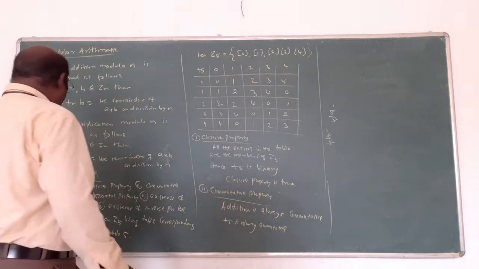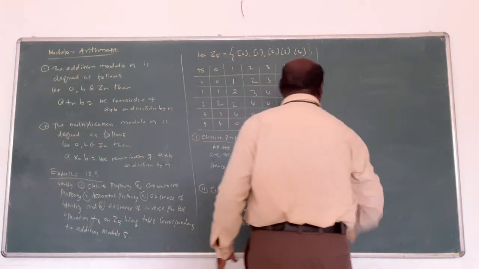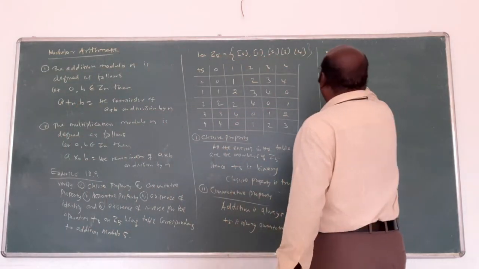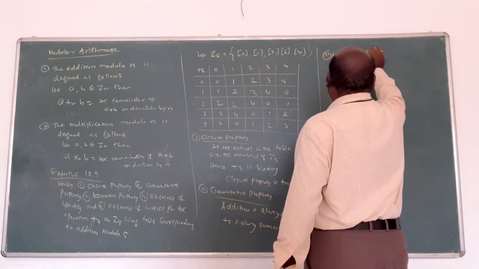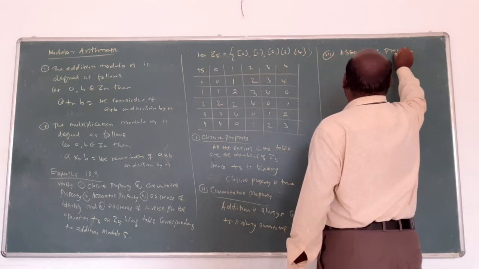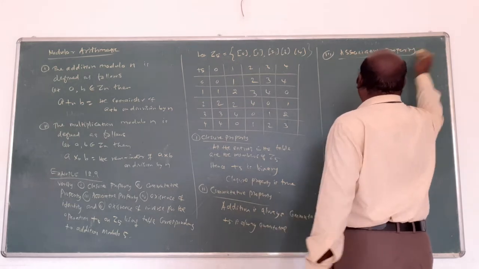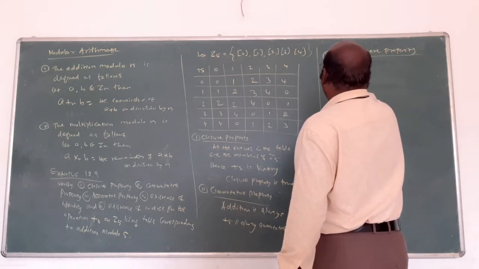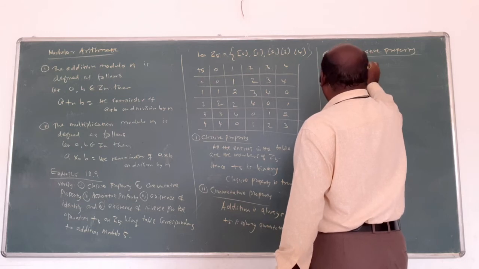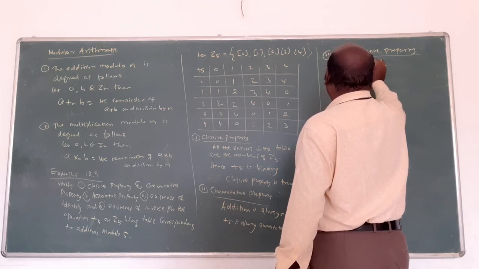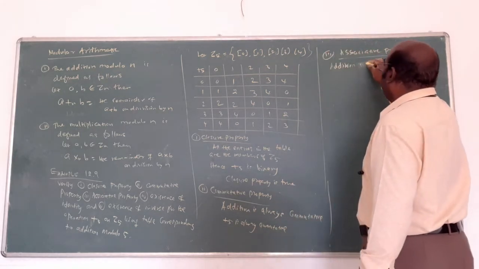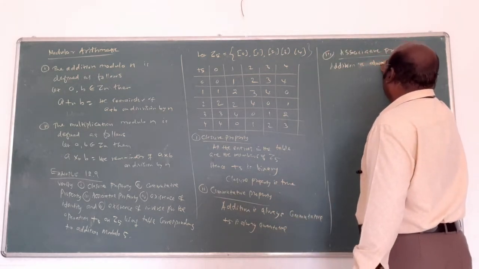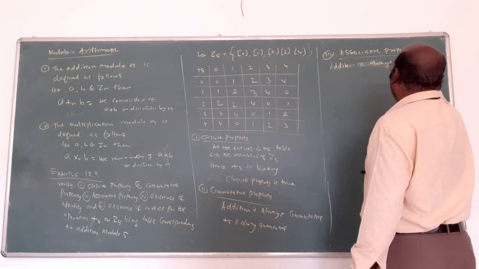Next is associative. This also: addition is always associative, so addition modulo 5 is directly associative.